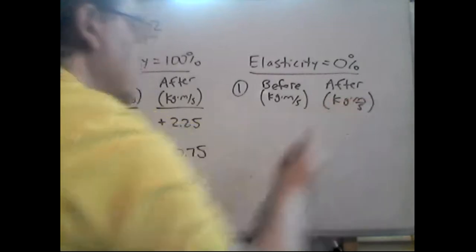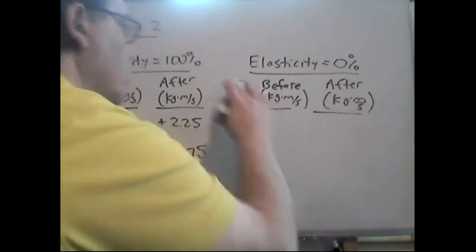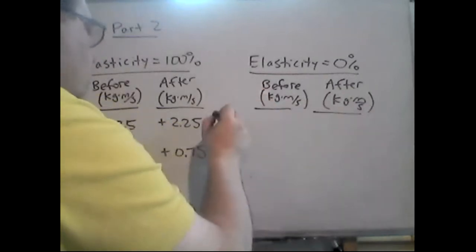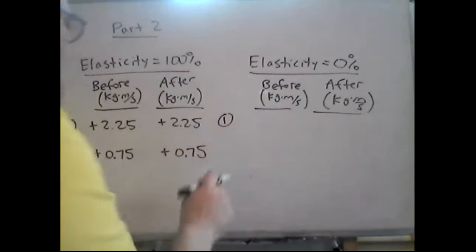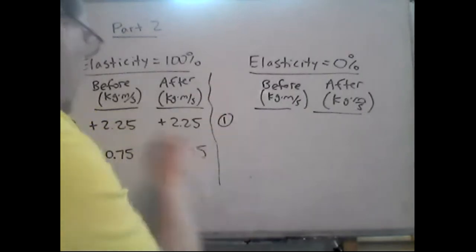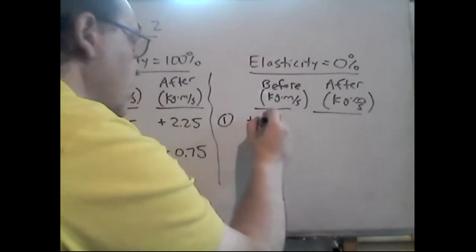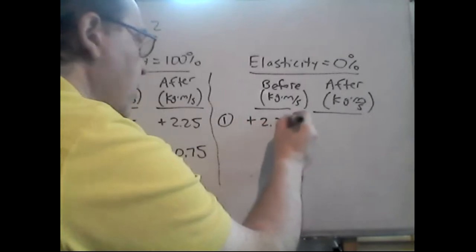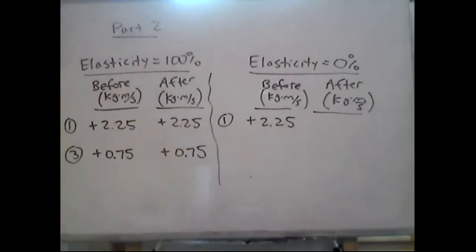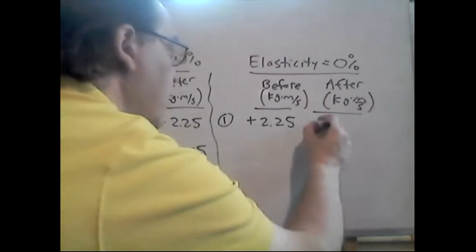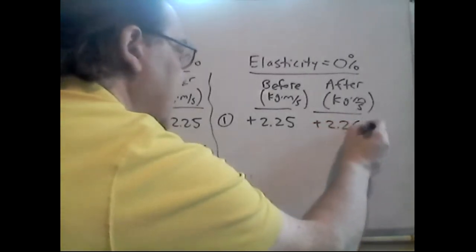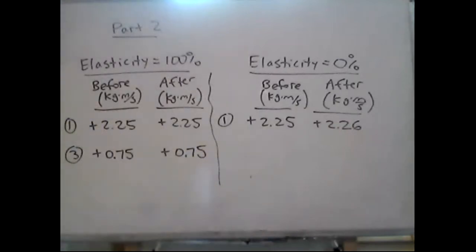No surprise, in case one, we have again positive 2.25. It's the exact same setup. If you calculate carefully for the numbers we had, afterwards we have positive 2.26 with a little bit of error.